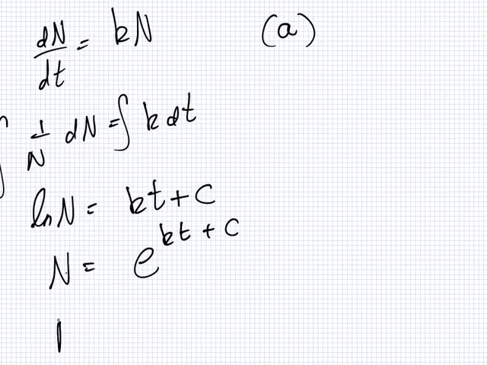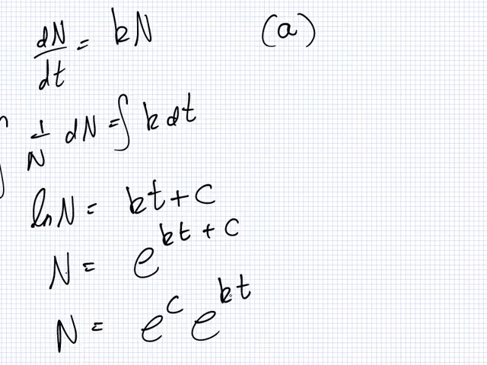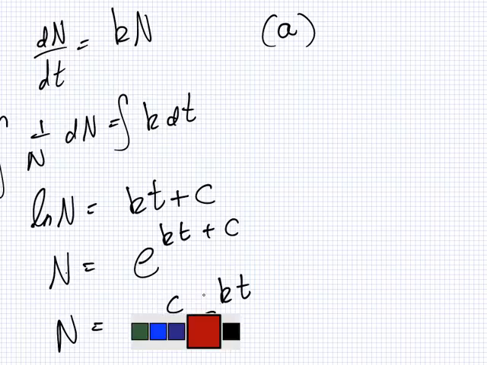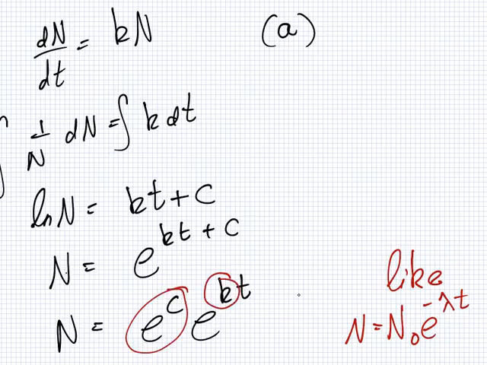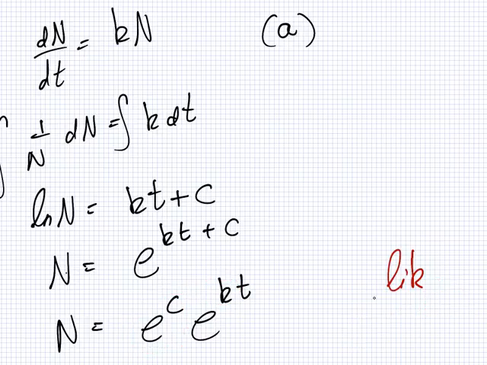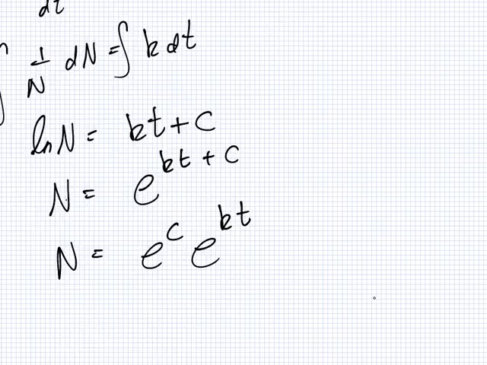So I get N equals e to the c times e to the kt. Again, this is like in physics, N equals N0 e to the minus lambda t. This is like the N0, and this k is like the minus lambda. It's like a decay question.